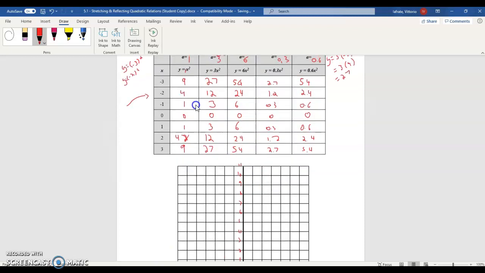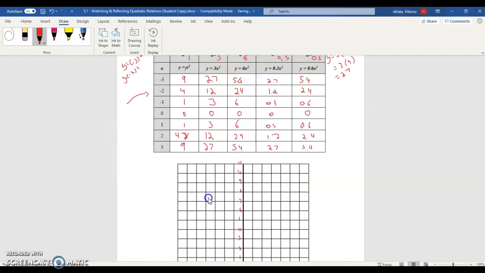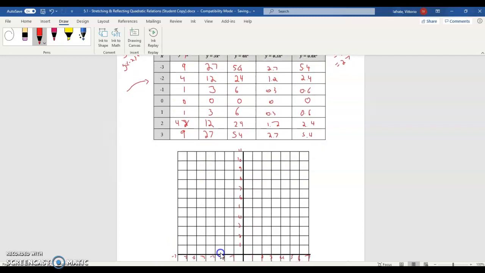So we'll start by plotting y is equal to x squared. When we have negative 3, we have 9. So 1, 2, 3. Then we go all the way up here to 9. When we have negative 2, we have 4. Negative 2 here, 4 here. When we have negative 1, we have 1.